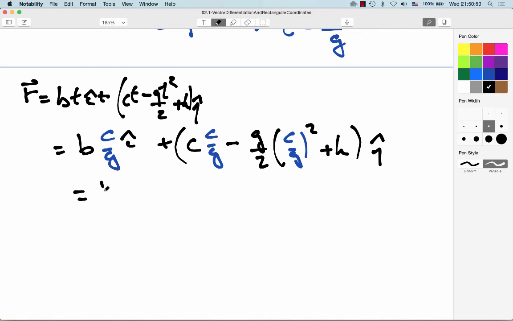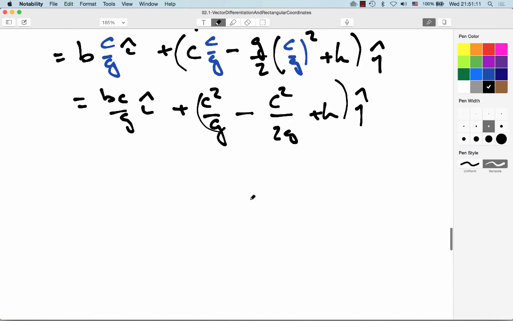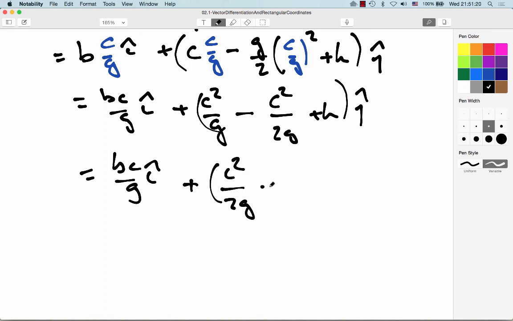Okay, not much. This will be bc over g i hat plus c squared over g minus, okay, now here I'll have c squared over g squared, but we lose 1 power there. So this will be c squared over 2g plus h j hat, and this can clean up just a shade more to get bc over g i hat plus c squared over 2g plus h j hat.